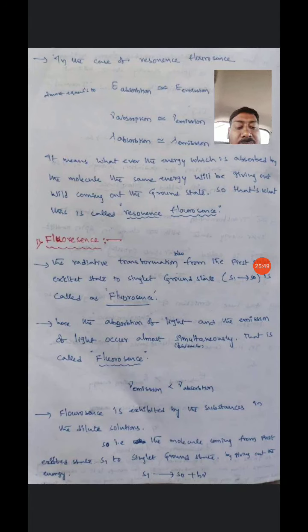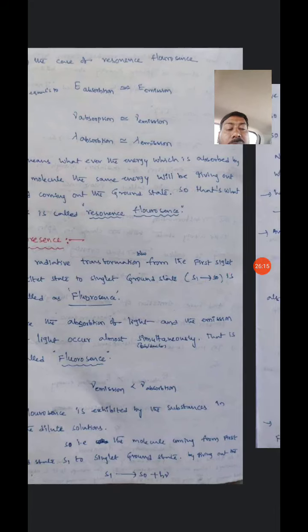Fluorescence is exhibited by substances in dilute solutions, where the molecule comes from the first excited state S1 to the singlet ground state by giving out energy.